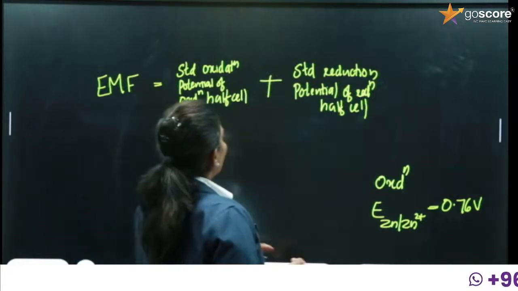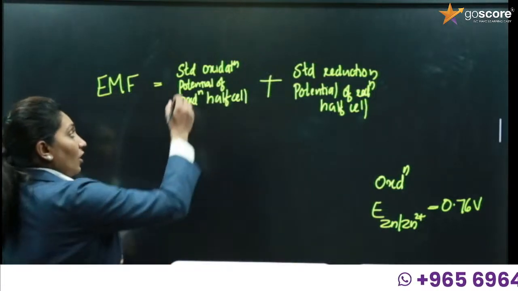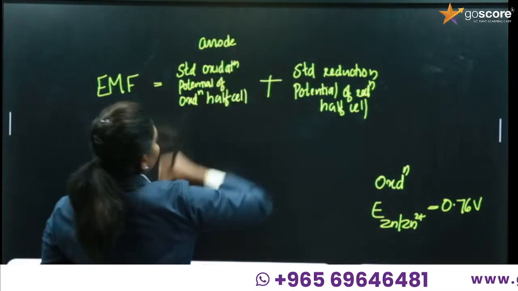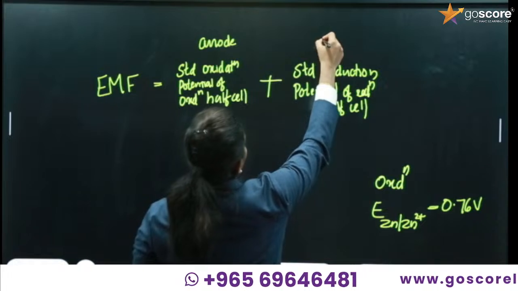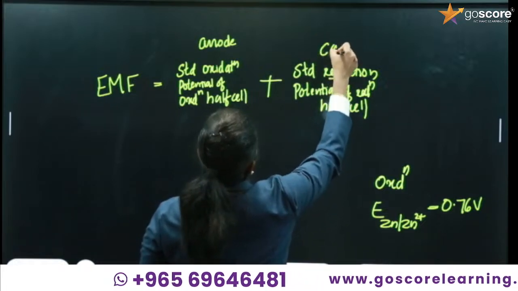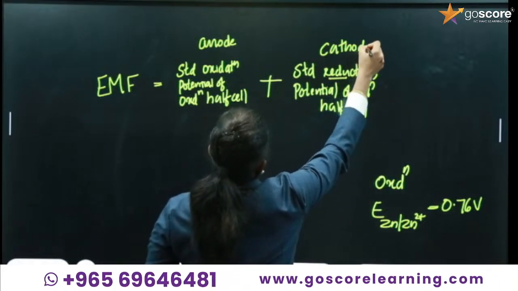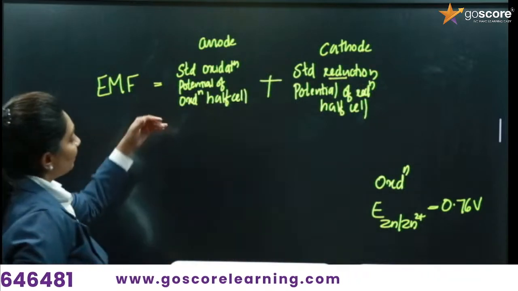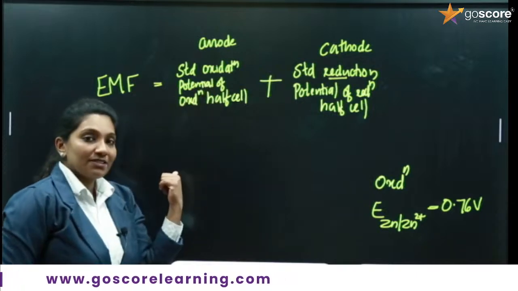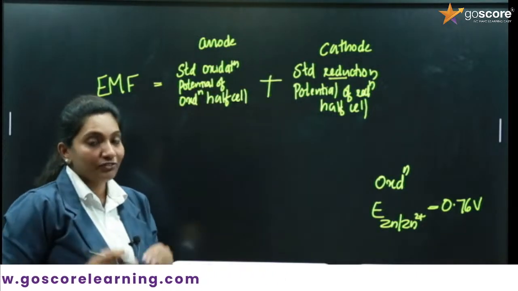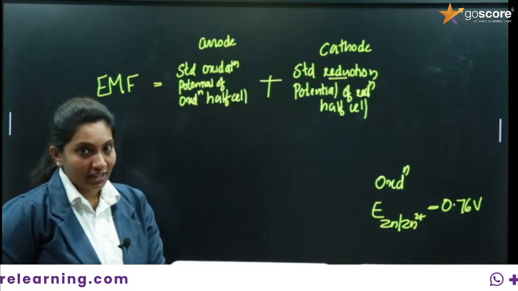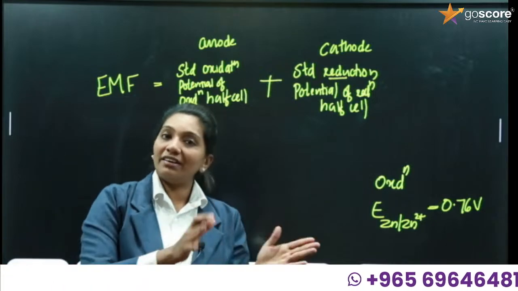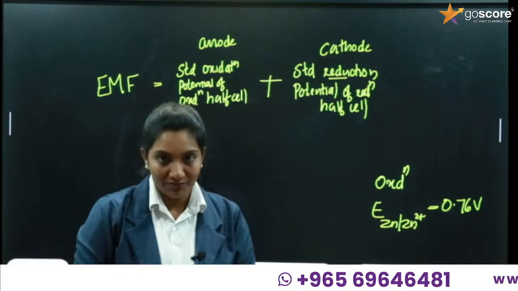Oxidation occurs at the anode and reduction takes place at the cathode. The standard oxidation potential of the oxidation half cell I can write as the negative of the standard reduction potential of that same half cell.